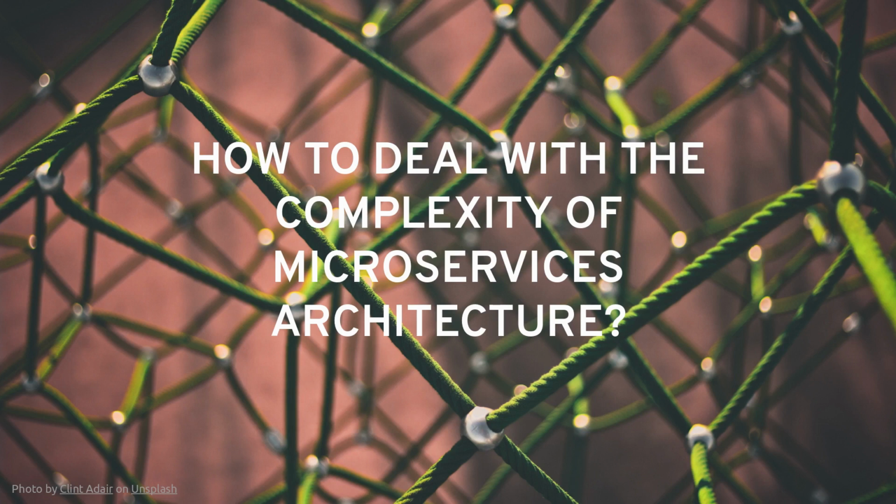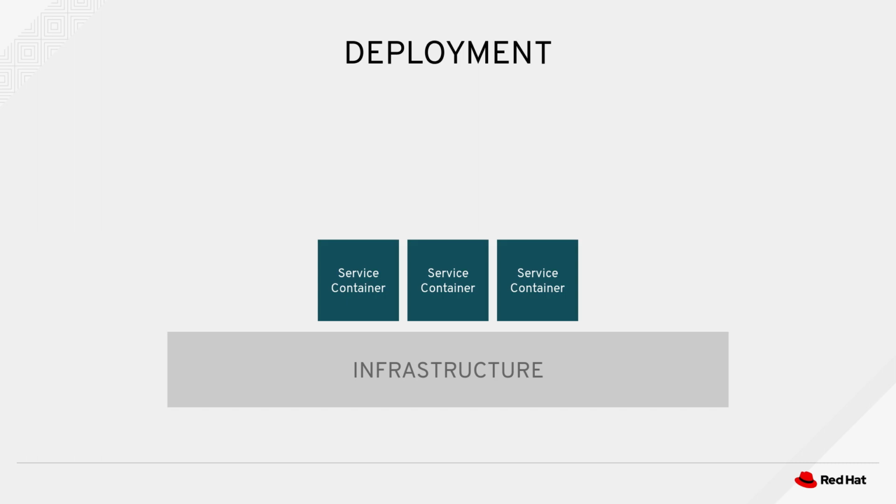So the main question when we talk about the microservices architecture is how are we going to deal with its complexity. But first let's see what does it really mean. So first of all, the microservice architecture introduces a complexity in the way how we deploy our services.